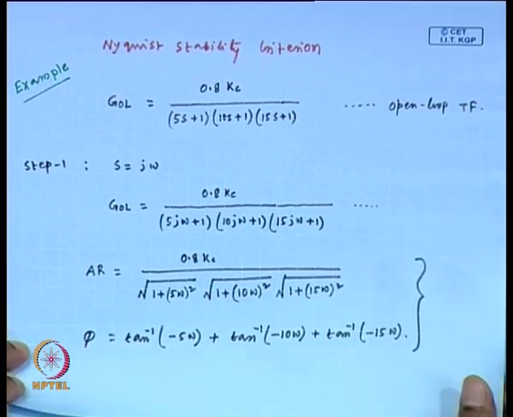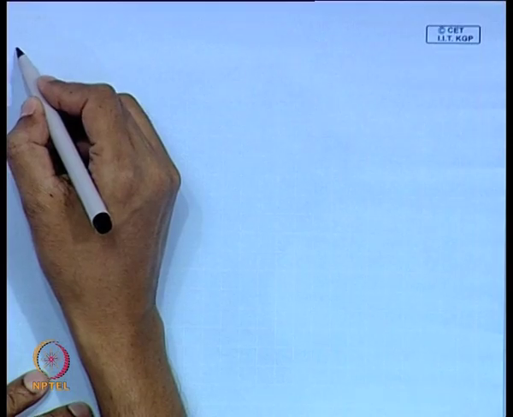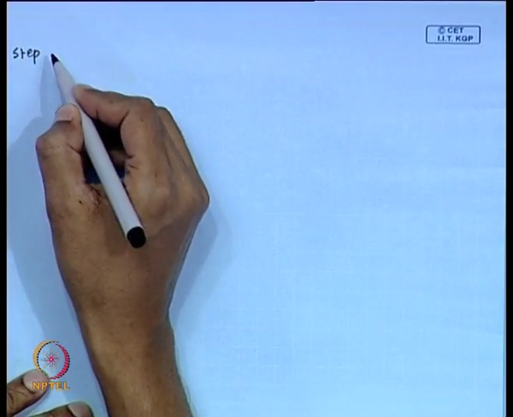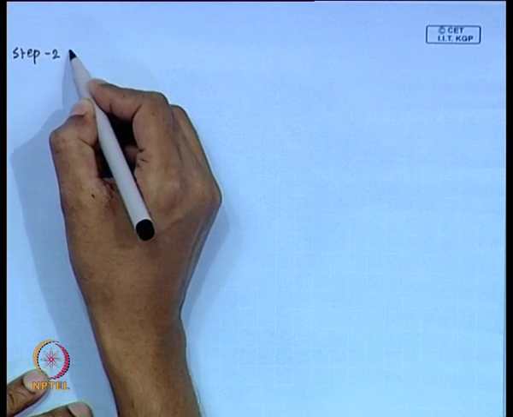Next we will go to the second step. I have mentioned that we will develop the polar plot by varying omega from minus infinity to infinity.